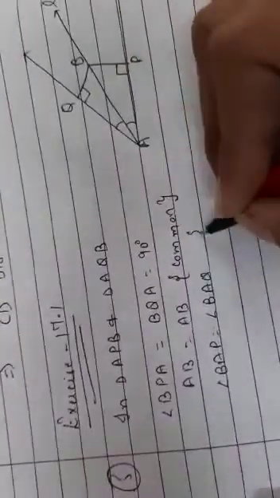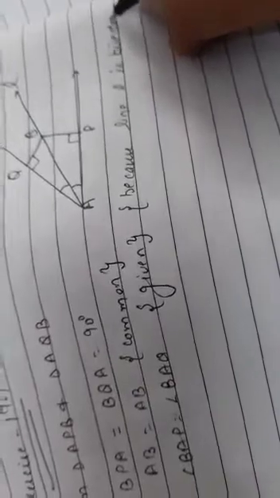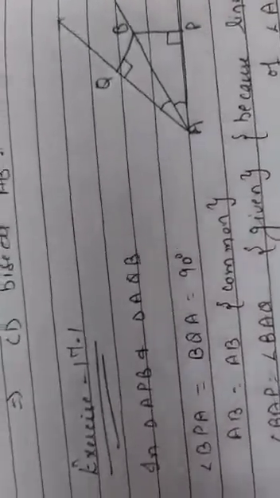These both are also equal, given, because this line L is the bisector of an angle, because line L is the bisector of angle A. Clear?